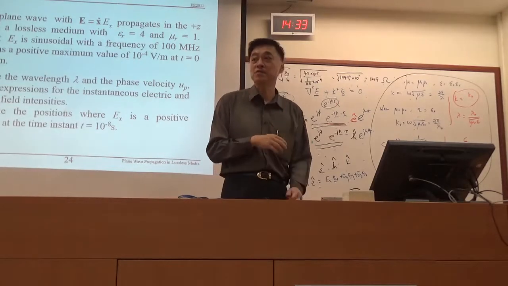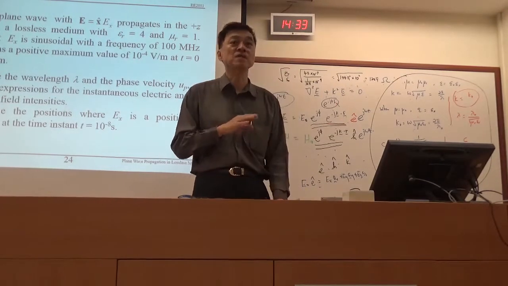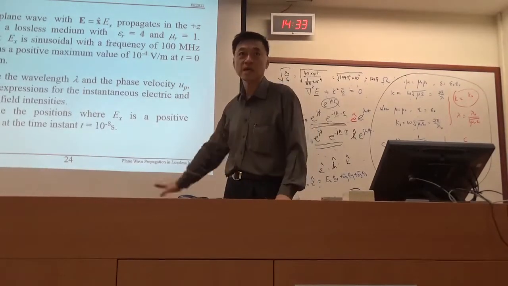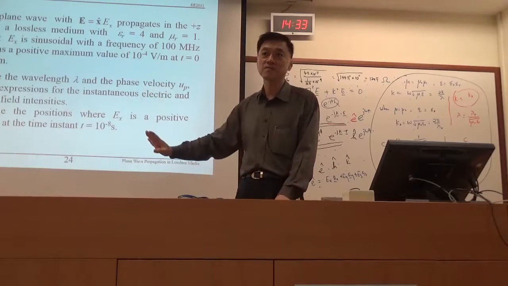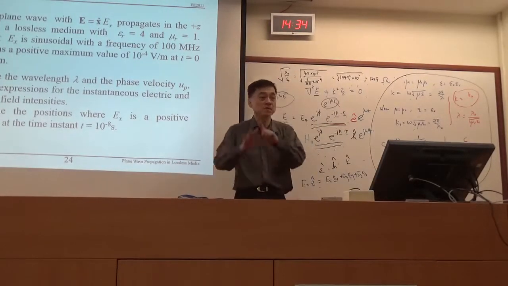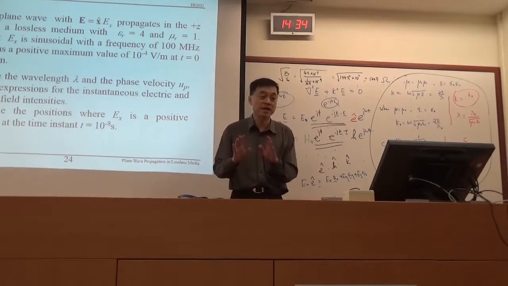In second year, you only learn about phase velocity, you won't learn about group velocity. So any velocity that they refer to in the examples or in the exam will be this velocity. You won't get confused, okay?